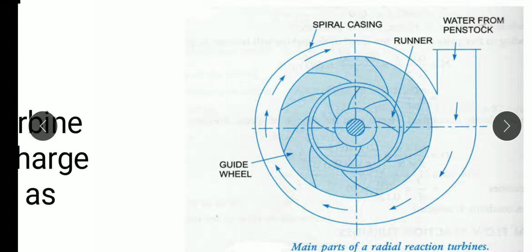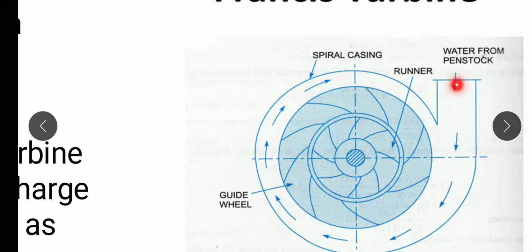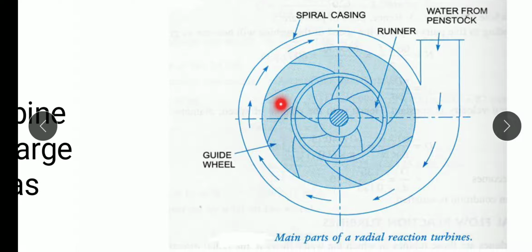See, this is the direction of water flowing. This comes under an inward flow reaction turbine because the water is coming from outward to inward. This is the center of the runner, so the water is coming from outward to inward. The guide wheel is to guide the water to fall on the guide blades like this.